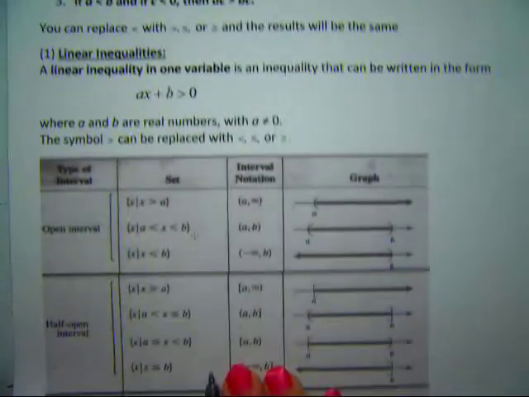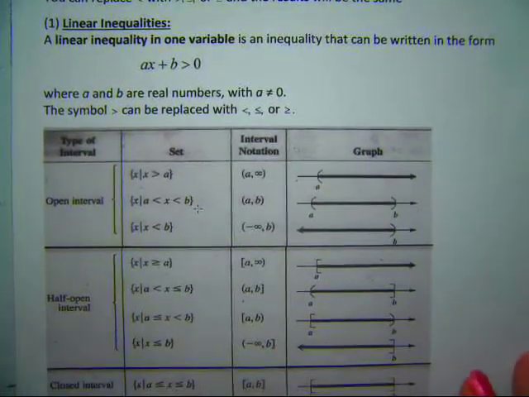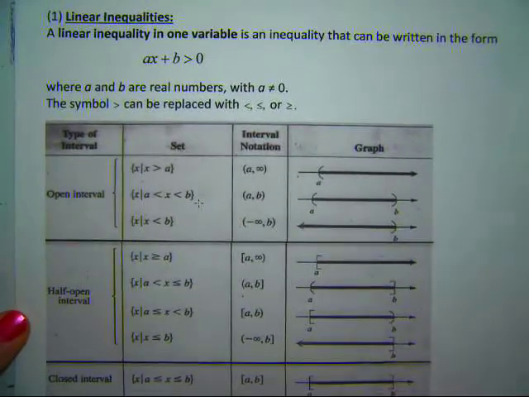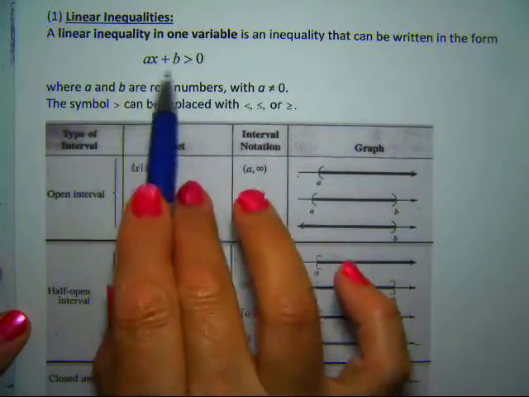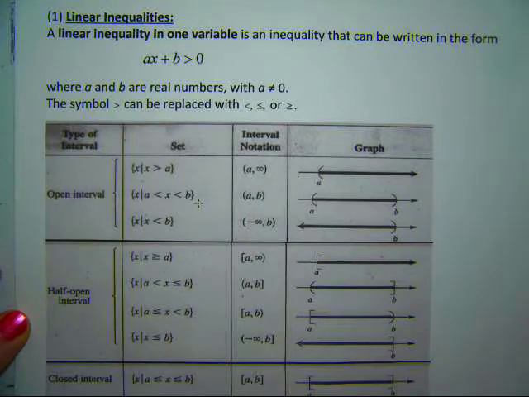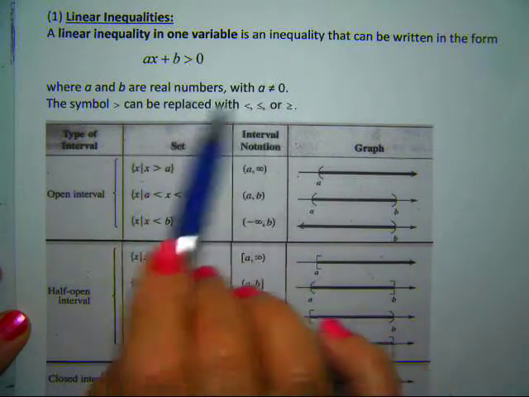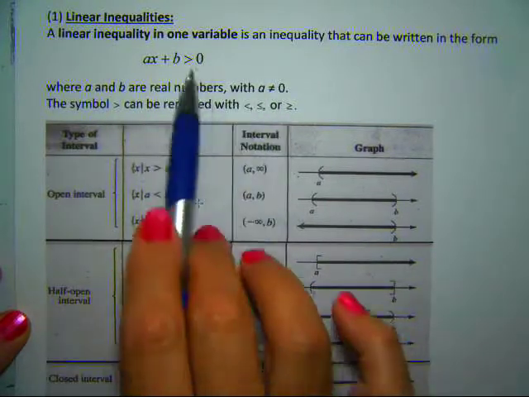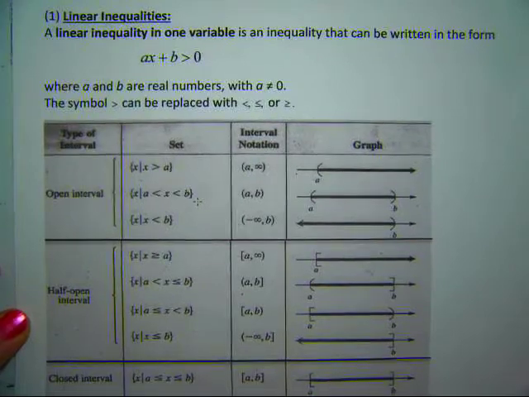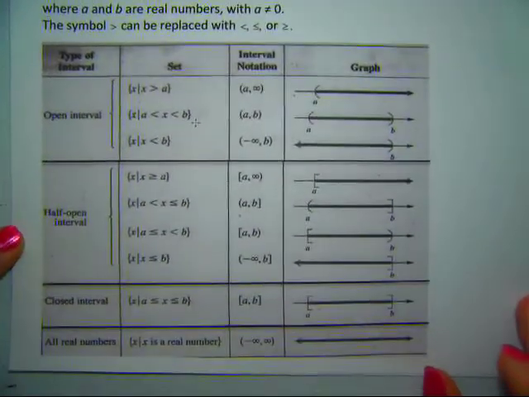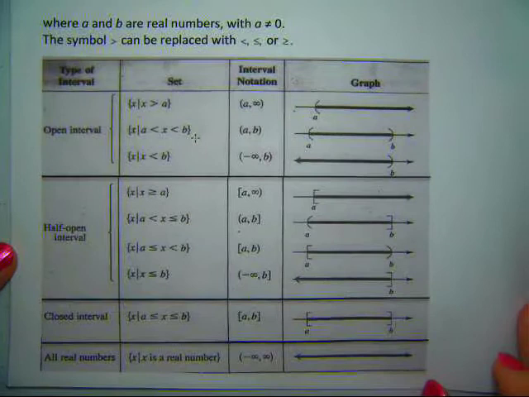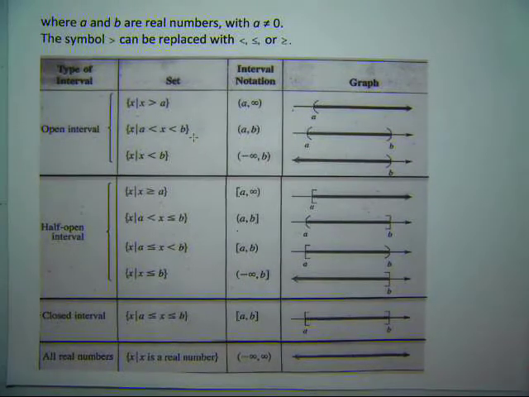And we're going to start with linear inequalities. A linear inequality is, obviously, linear, meaning ax plus b, again, either greater than or equal, less than or equal to 0. Before we start doing examples, a quick review of how to graph an inequality and how to write the interval notation.